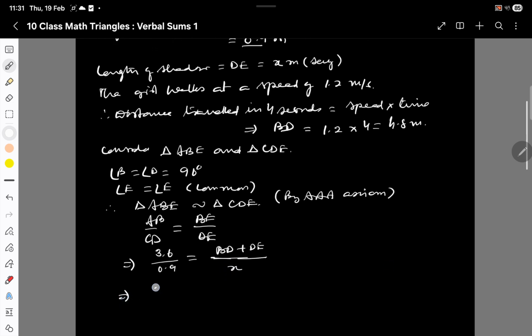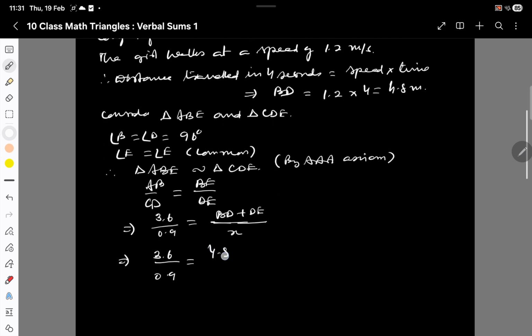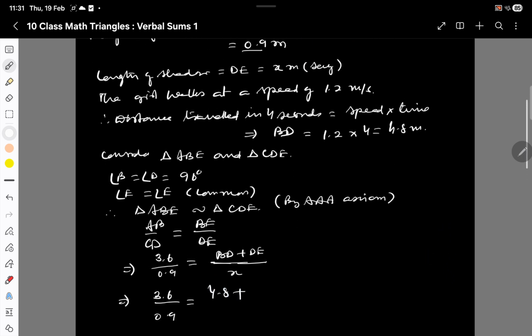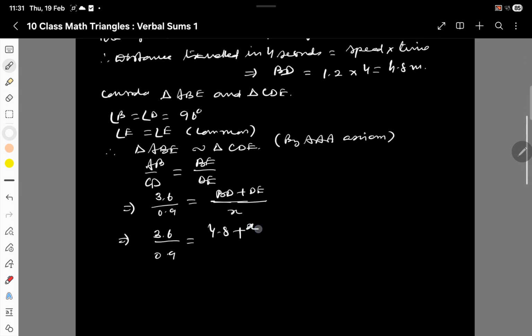This implies 3.6 by 0.9 is equal to, here BD is equal to 4.8, so 4.8 plus x by x.